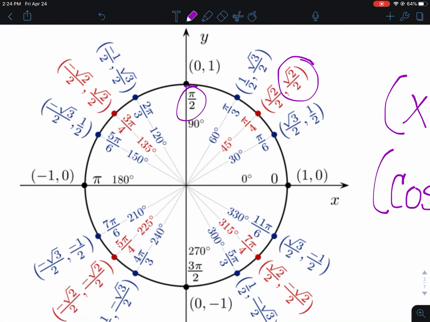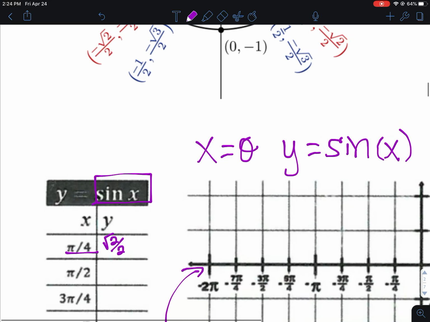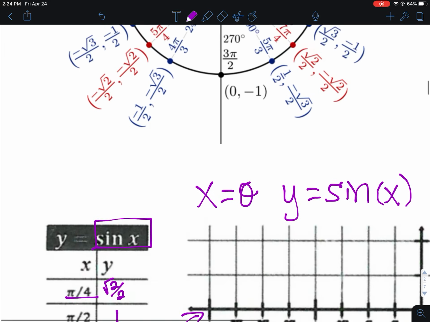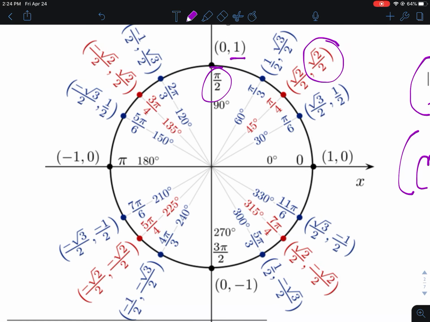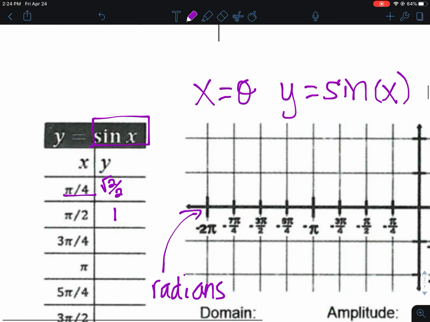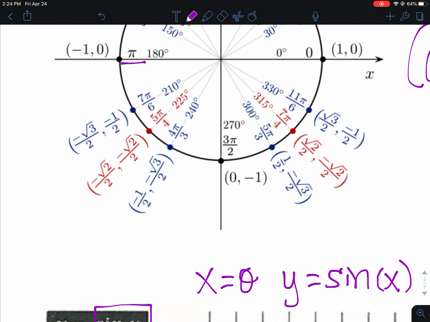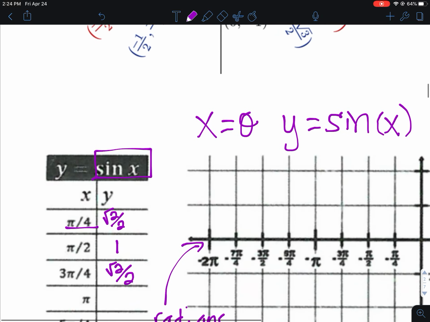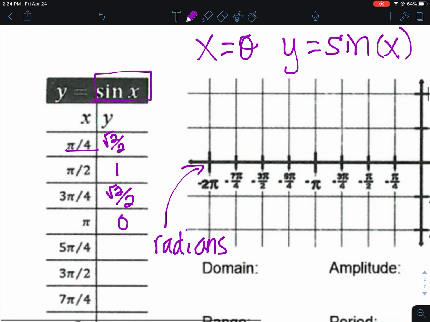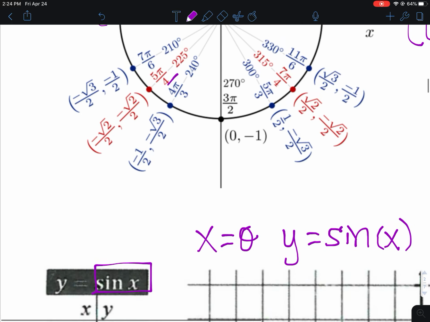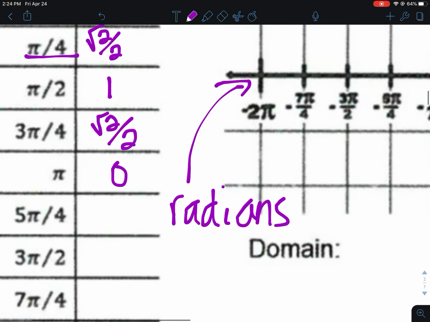At pi over 2, the y value is 1. At 3 pi over 4, the y value is again square root of 2 over 2. At pi, the y value is 0. At 5 pi over 4, the y value is negative radical 2 over 2.